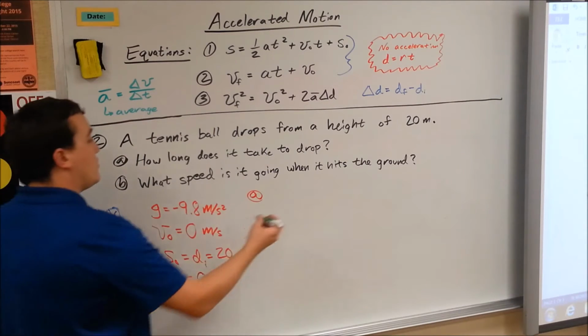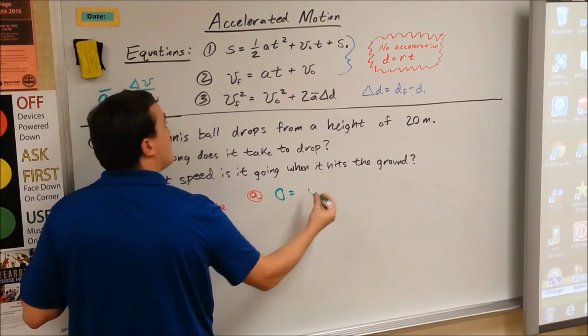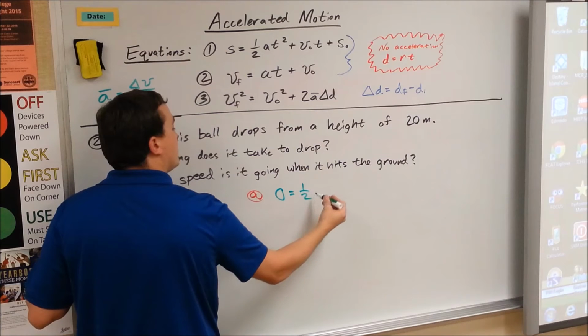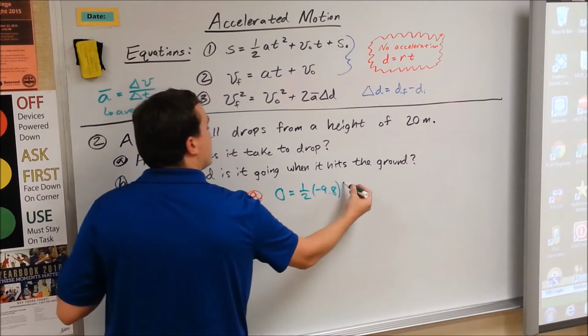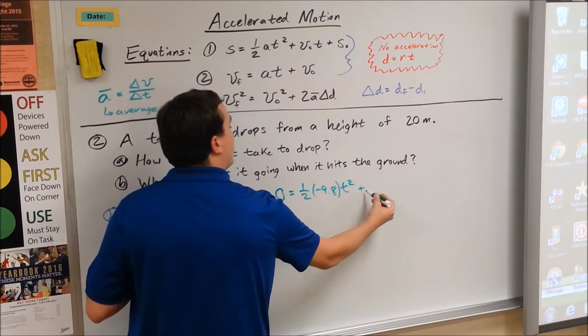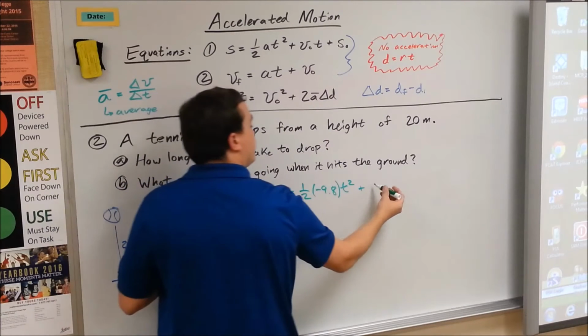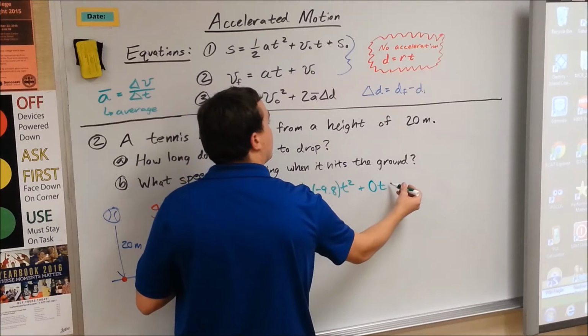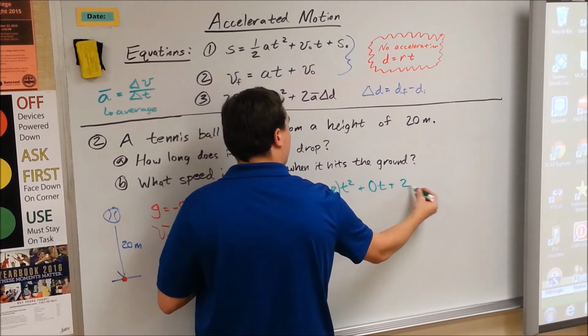So we have 0 equals, just plugging it into that first equation up there, 1/2 times acceleration, negative 9.8, times t squared, plus velocity initial, which is 0, times t, plus s naught, which is 20.